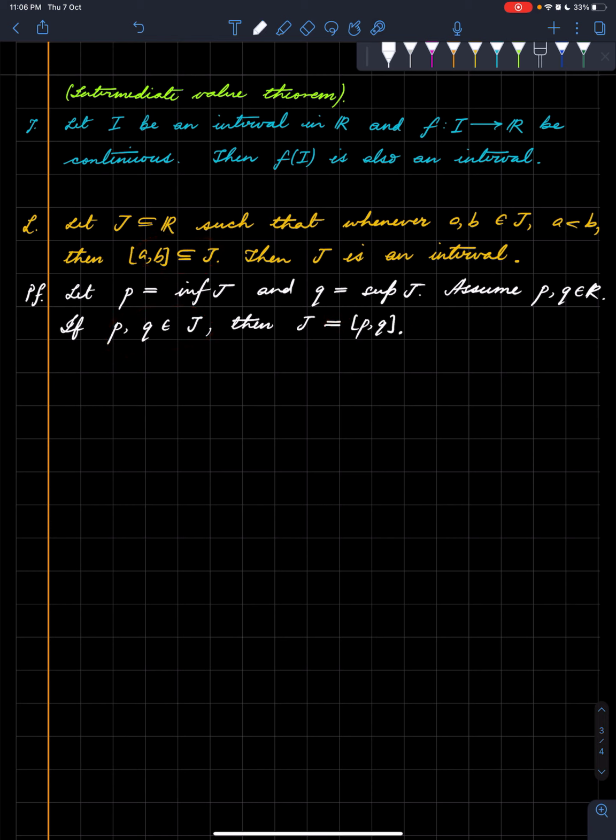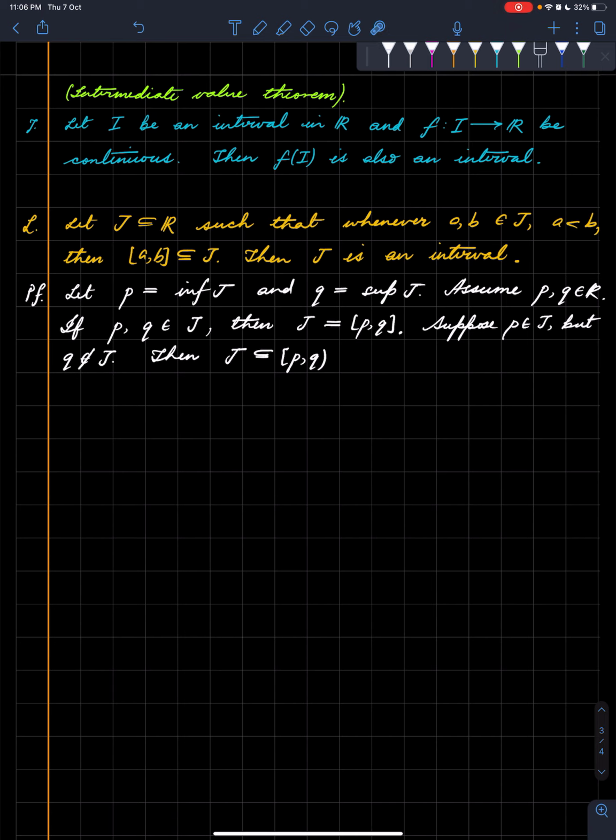Now suppose P is in J but Q is not in J. Then J is contained in this interval, with the same reasoning.